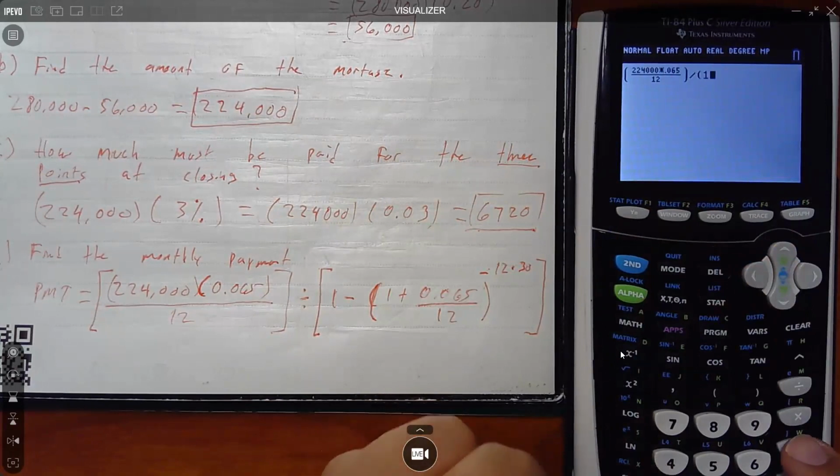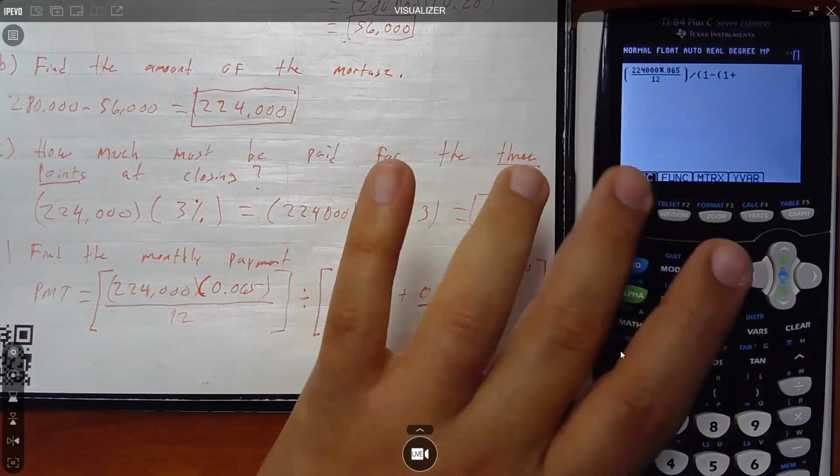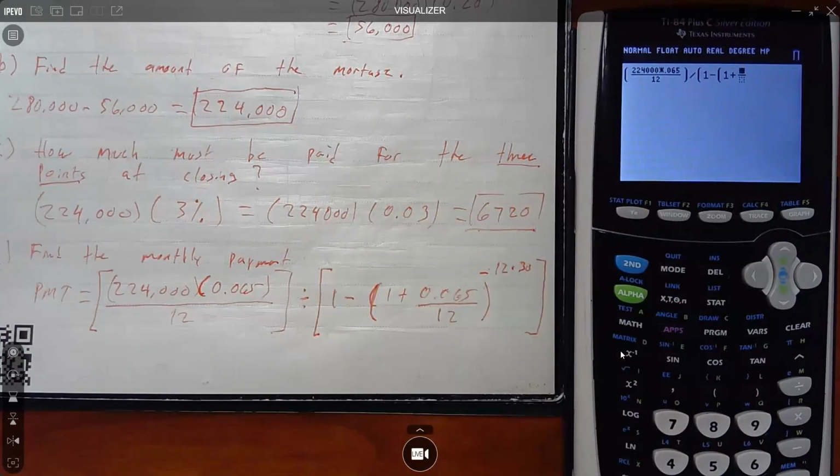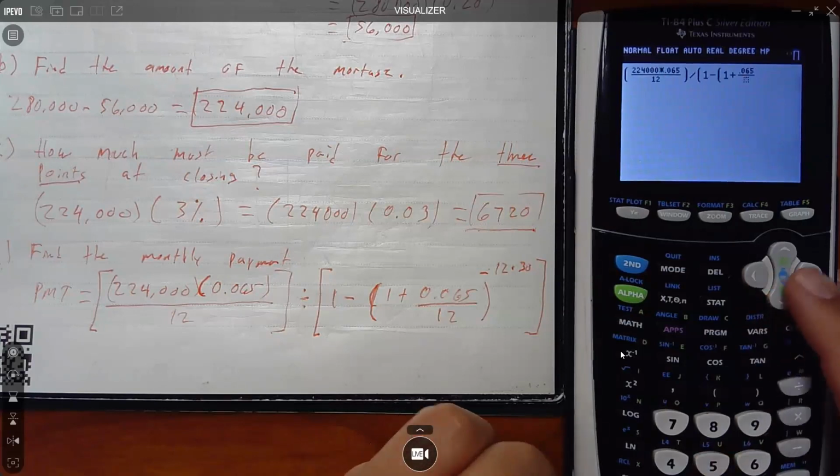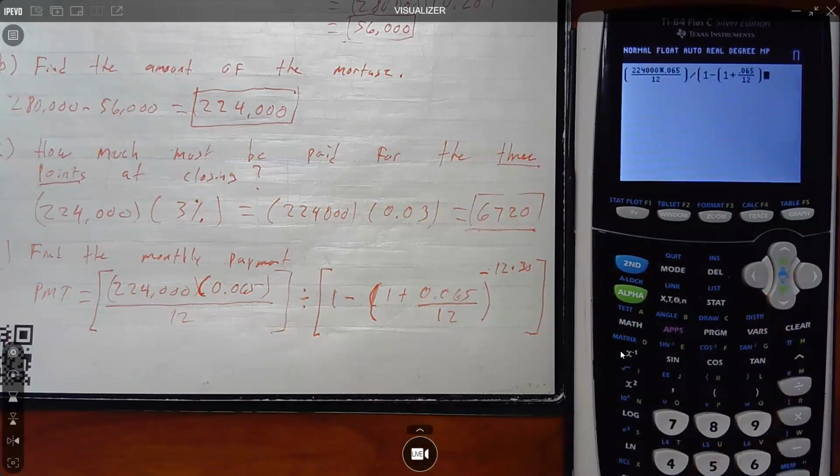So it's going to be 1 minus parentheses 1 plus, and then the fraction, 0.065 over 12. Close parentheses, power negative 12 times 30. Don't use the minus, use the negative button.